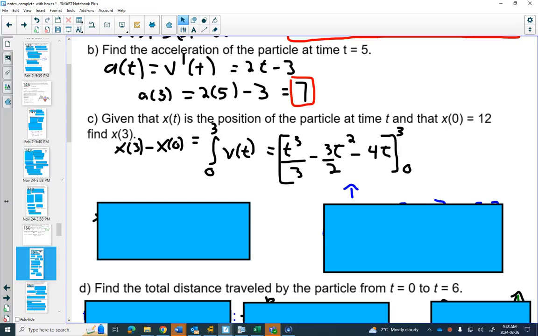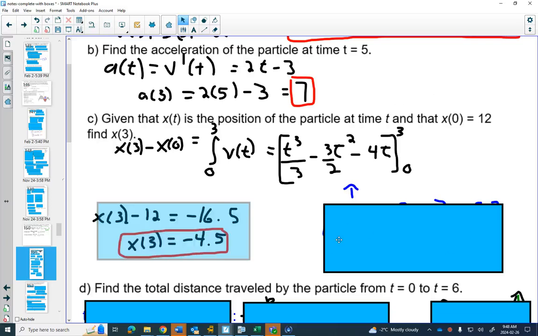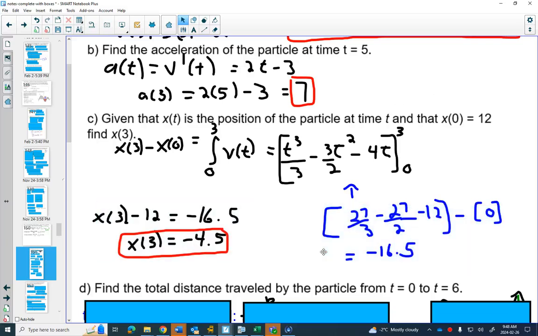We would know that the integral from 0 to 3, here's our integral, evaluated from 0 to 3. We could plug those numbers in. And we could calculate the actual value is negative 16.5.